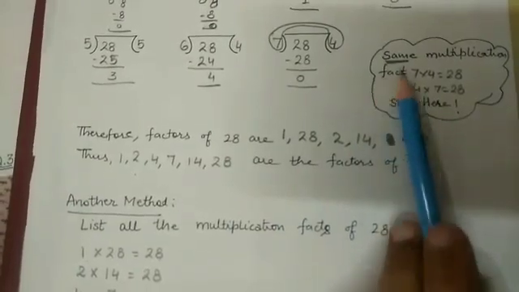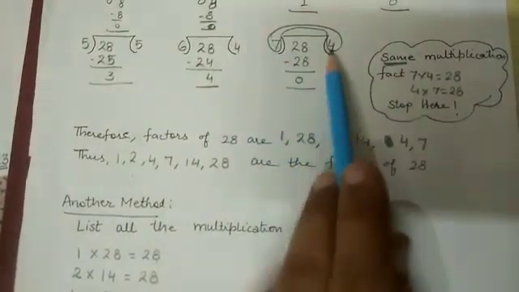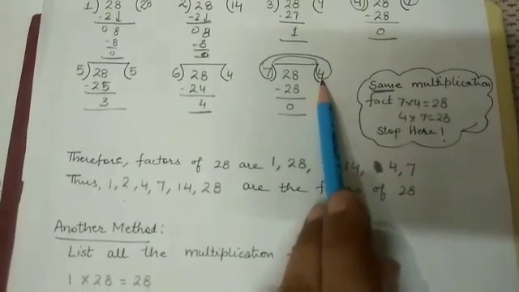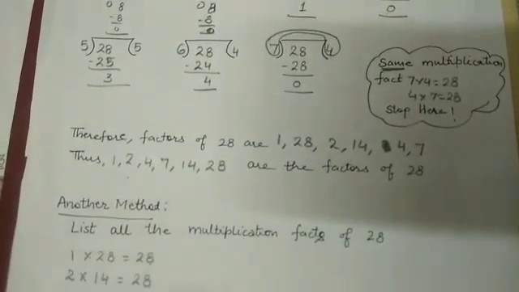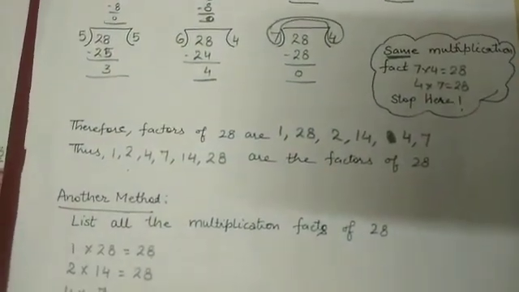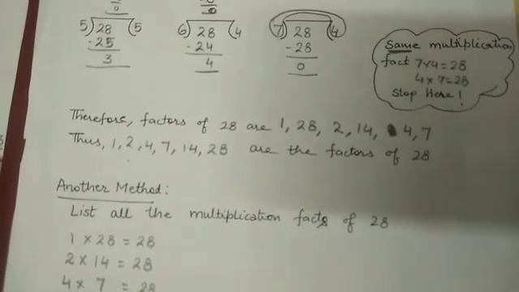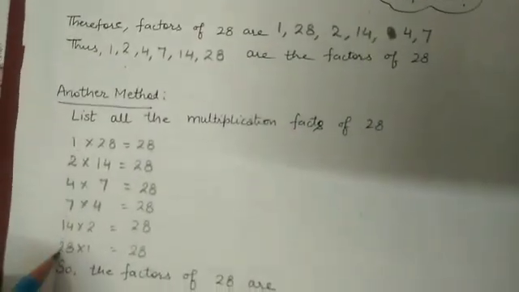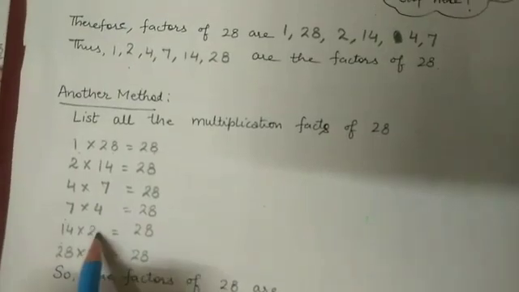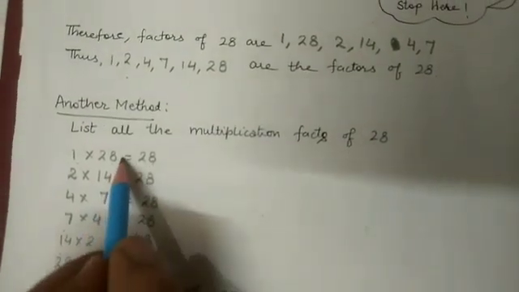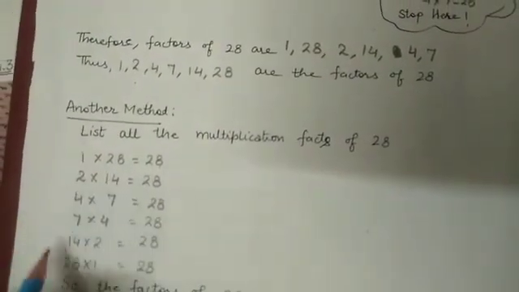Here we have observed that whenever we get the same multiplication fact, after that we will start getting the same numbers. So 1, 2, 4, 7, 14 and 28. Same here: 1, 2, 4, 7, 14 and 28. We are getting the same numbers.